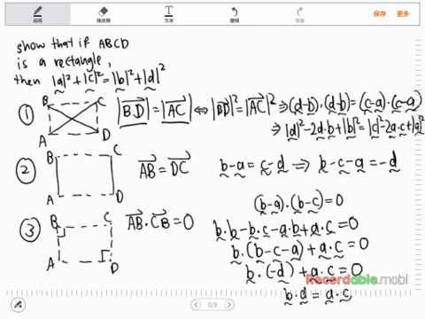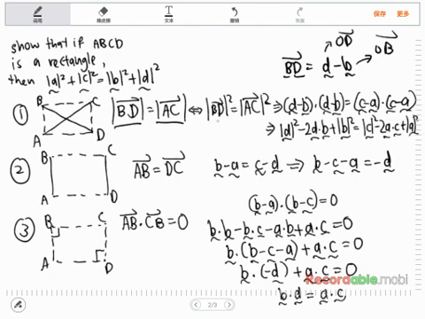So then remember, BD is just second minus first, so D minus B, right? D is OD and B is OB. So again, A dot A equals mod A square, so D minus B dot D minus B equals mod D minus B square, and mod D minus B square is just BD square, right?